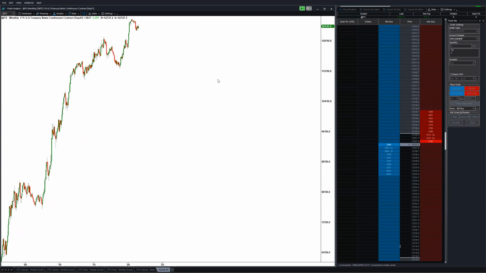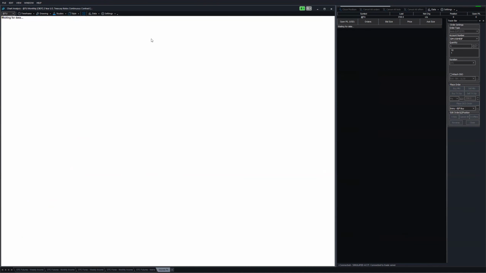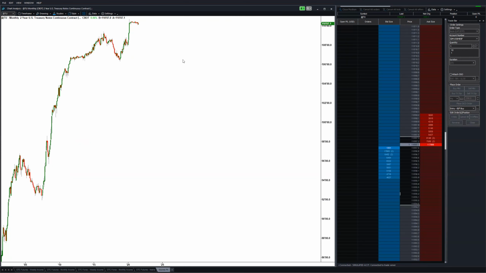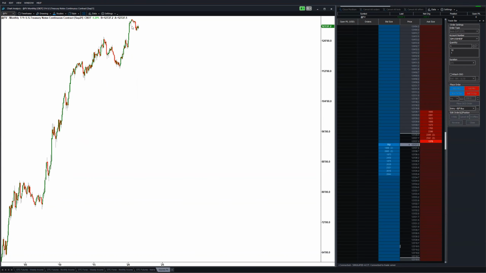All right, you see, as expected, if we look at TU and FV, the 2-year and the 5-year, they look kind of the closest, right? So they're kind of correlated, not exactly the same.